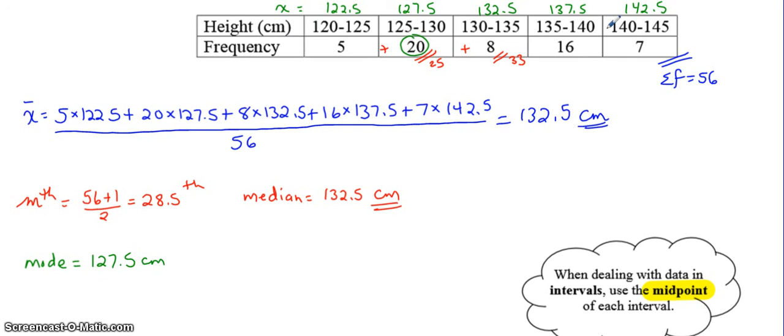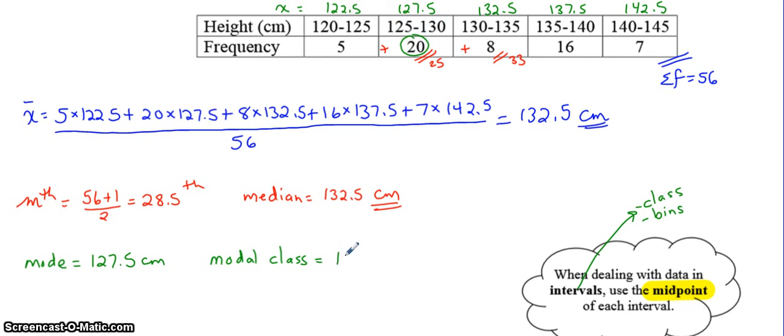Now when your data is in intervals, another word for intervals is class or bins. Fathom uses the word bins a lot, and there's also the word class, but it just means the intervals. There may be questions that ask you for the modal class. If the question asks you for the modal class, it means give the interval, not the midpoint.